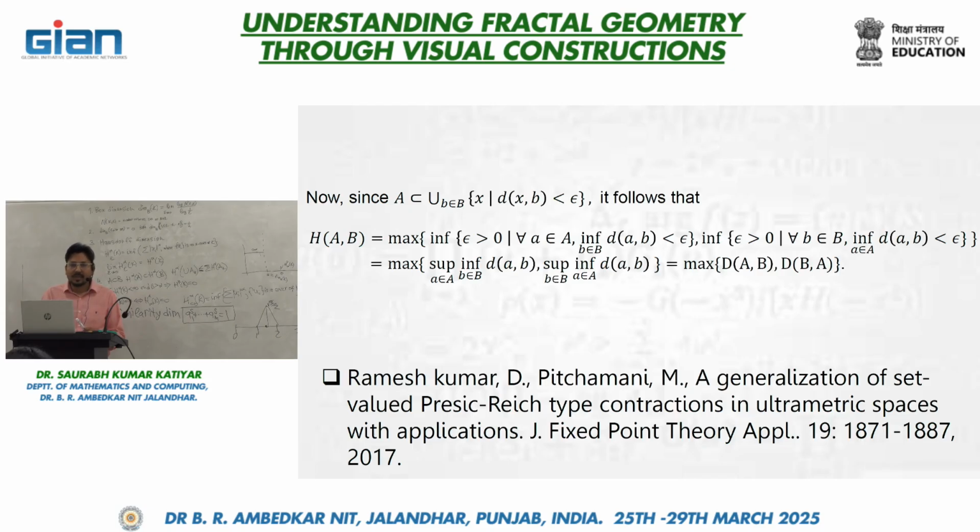Are you able to follow this? All of you try this thing. Last line, are you able to follow? Clear? Anyone is having any doubt here? So that means that will become the maximum of d of AB comma d of BA.